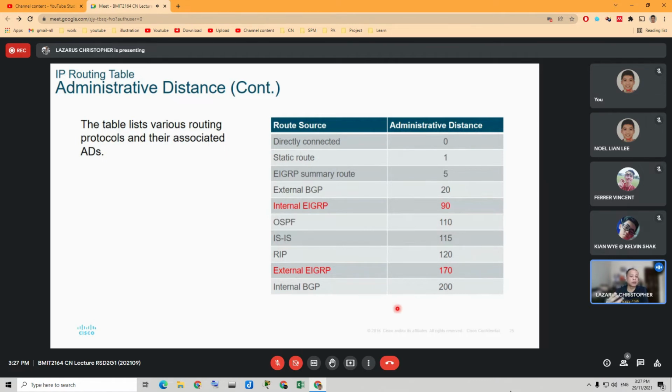Let's say you still want to use RIP and OSPF, but you want RIP to win, then you can change the default value. But you must know why you want RIP to win. RIP is an older protocol, and it only considers hop count, because previously the speed was almost the same.